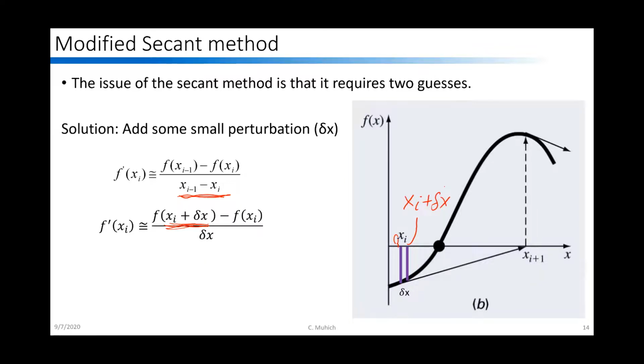So I can use this form of the equation now. I have two points between the two lines. I'm able to fit a tangent line. I can come over here and find where they intercept, using this perturbed version of my derivative and plugging it into my secant method definition to find that next xi plus 1.